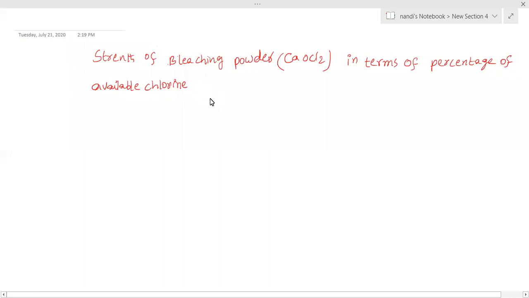Available chlorine from the sample of bleaching powder. That is not the question, only siding.